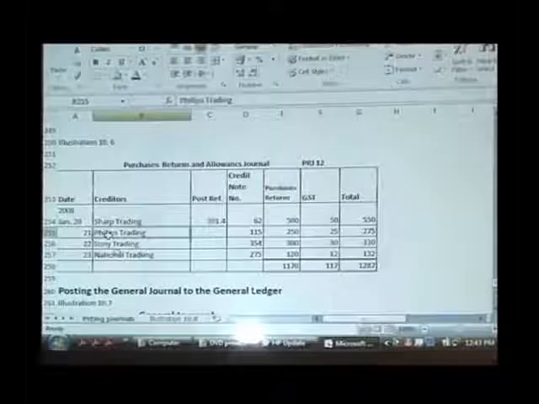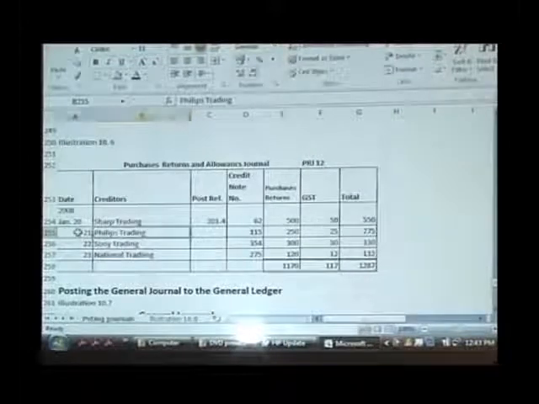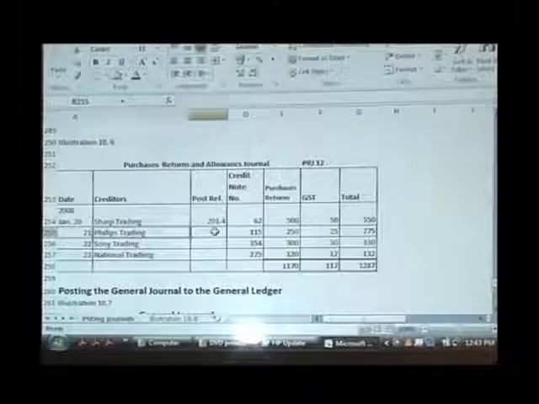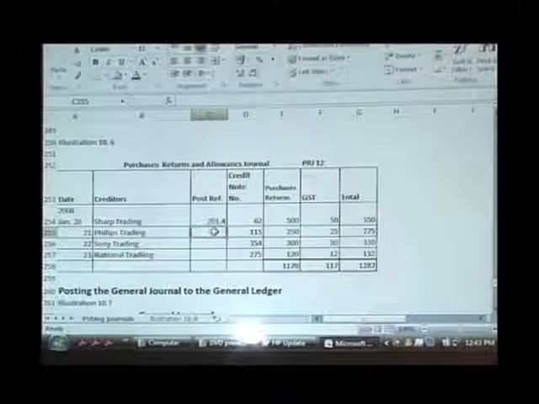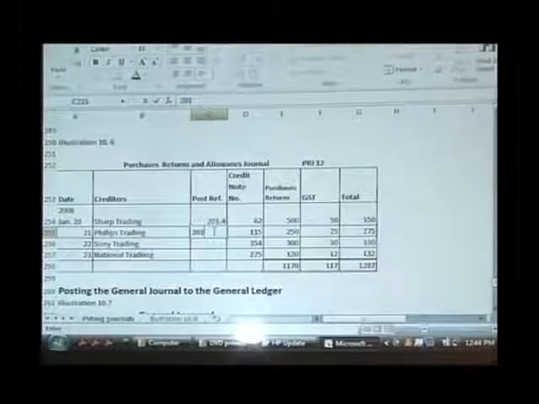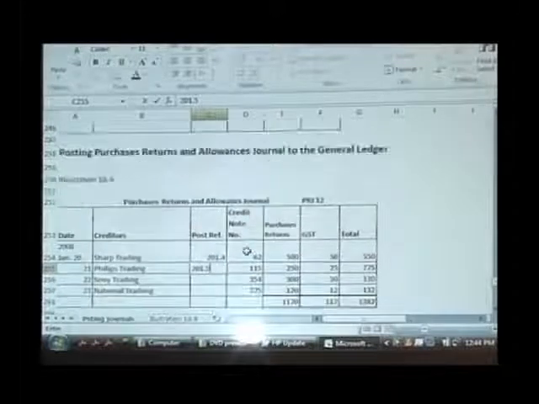Similarly, we can move on to the next transaction, that is on 21st, Phillips Trading, account number 201.5, amount is 275.